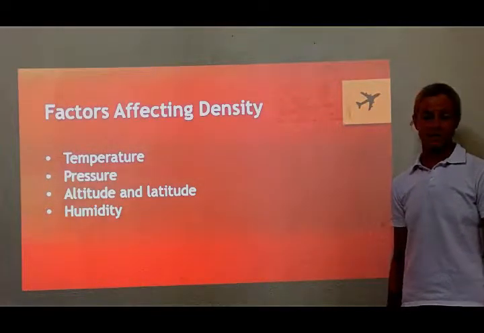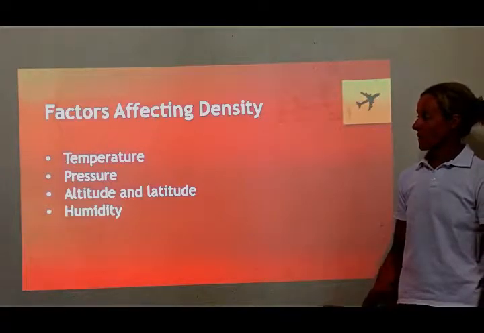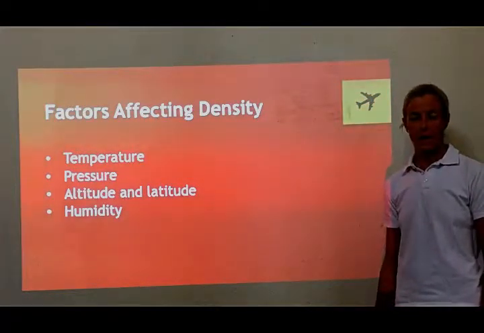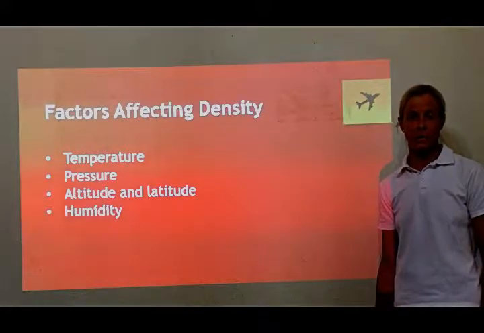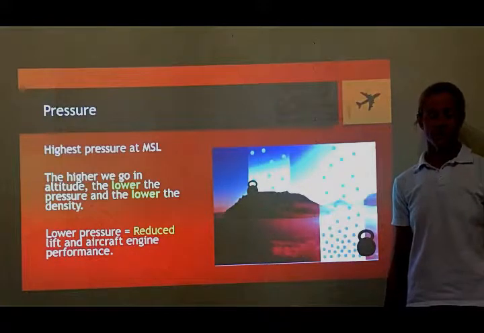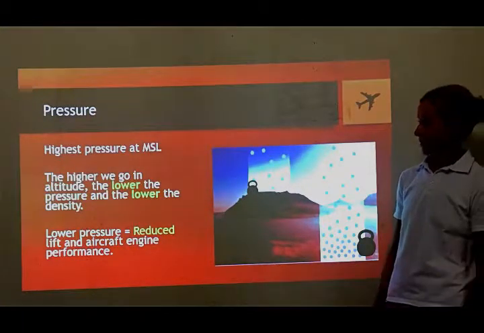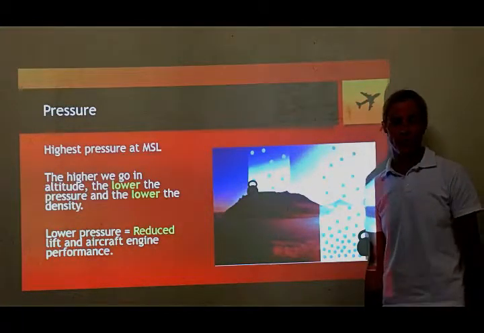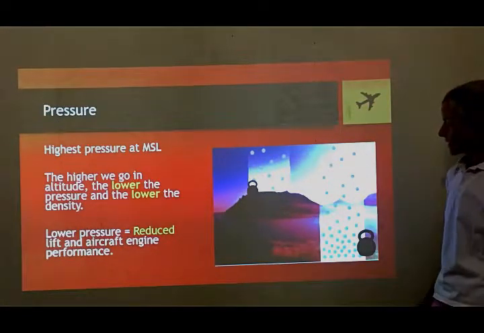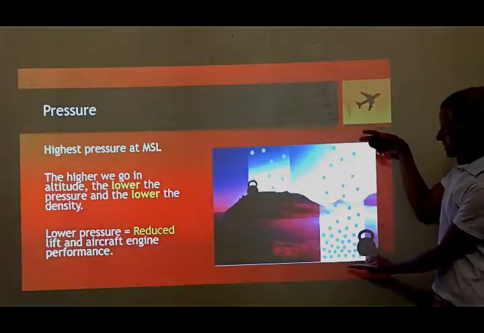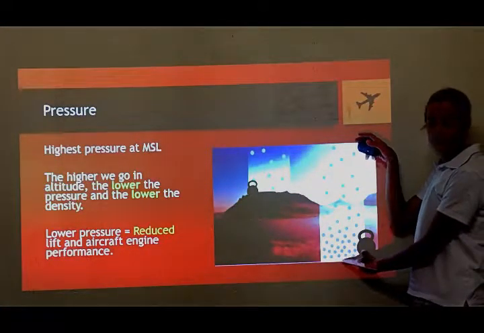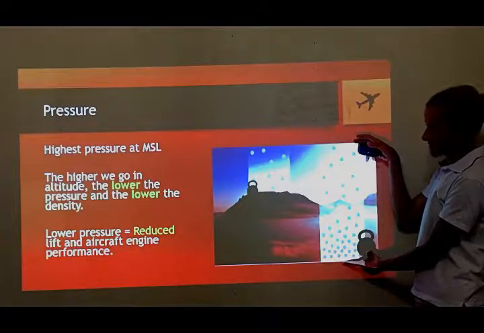Factors which affect density: we have temperature, pressure, altitude and latitude, and of course humidity. So if we look at the first one, pressure. As you should know, the highest pressure that we have is at mean sea level. If we look at the picture, our largest column of air, which poses the most weight, occurs at sea level.